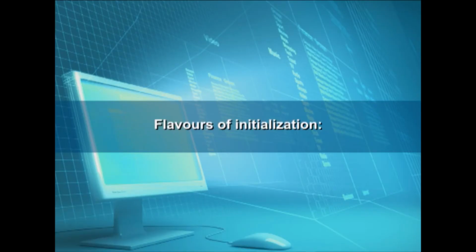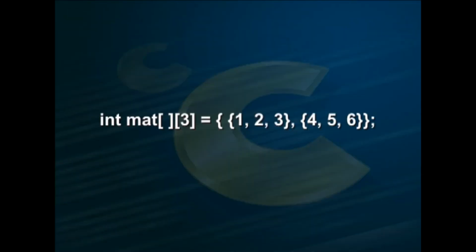Flavors of initialization. Row size can be omitted. In general, in the case of multi-dimensional arrays, the leftmost subscript may be omitted and all others must be specified. For example, int mat[][3] = {{1, 2, 3}, {4, 5, 6}}.